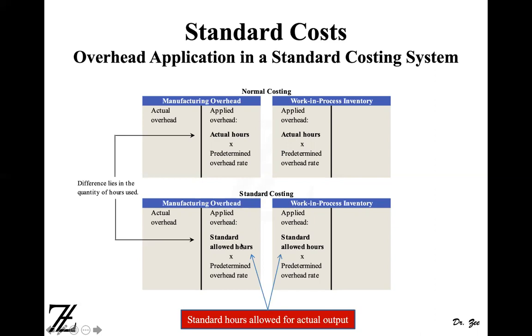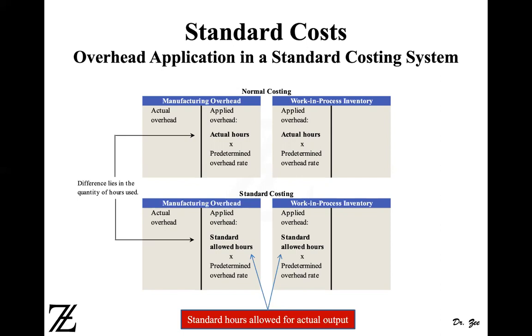And remember, standard hours is two things: the standard hours of input at actual output. As you can see here in the red box, it says the standard hours of input at standard hours allowed for actual output, means standard hours of input at actual output. How long have you budgeted it is going to take you to produce 1 unit times how many actual units you produce, right?